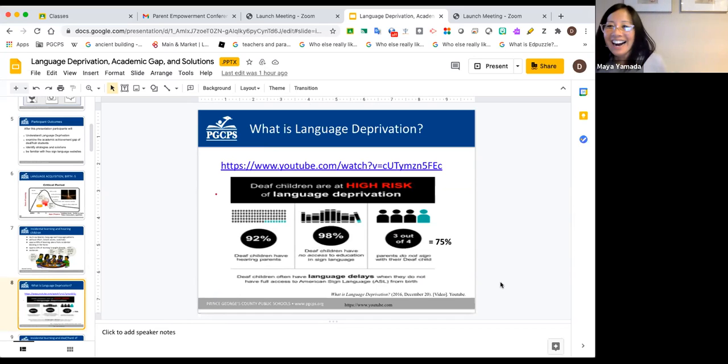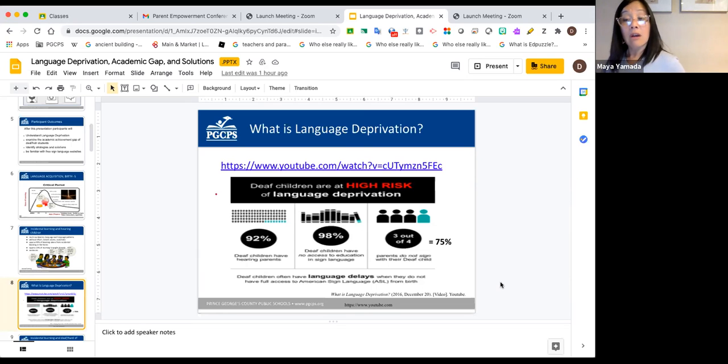Okay, thank you. Okay, so language deprivation in deaf and hard of hearing children is when they do not have full access to a natural language, whether it's a visual language or a spoken language. It's when they do not have access. Now, there are different degrees.